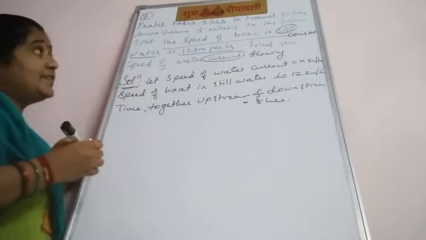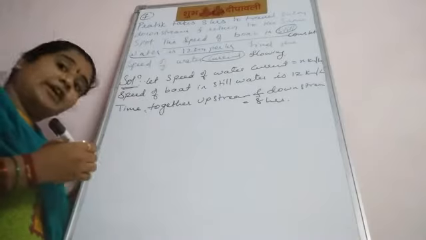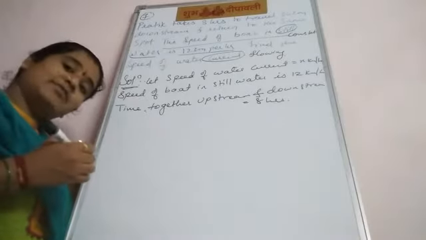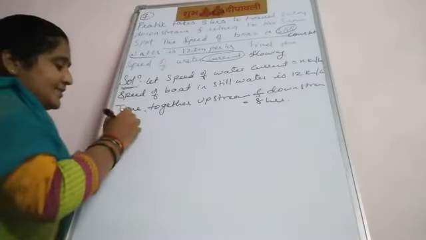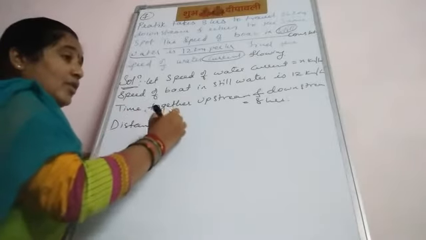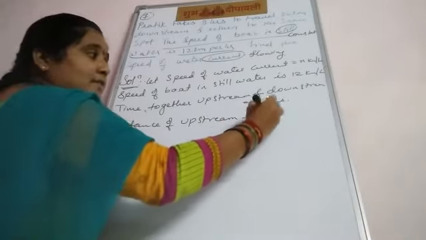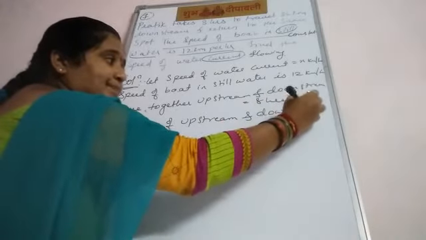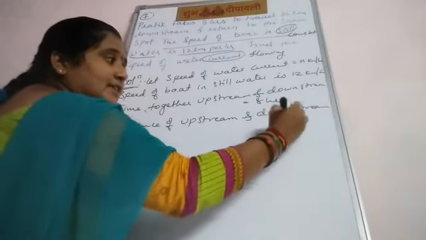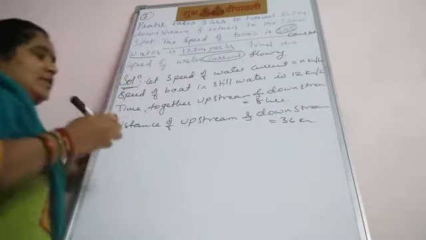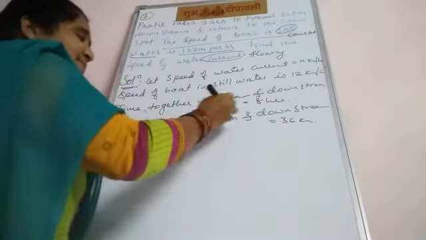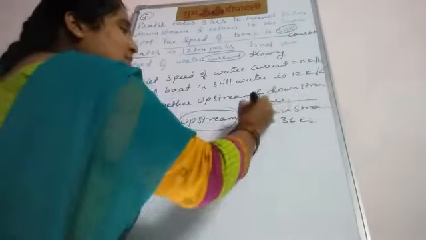Then distance. Distance of upstream and downstream is equal to 36 kilometers.